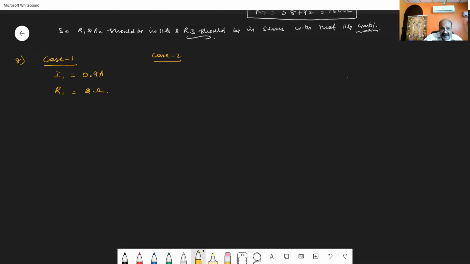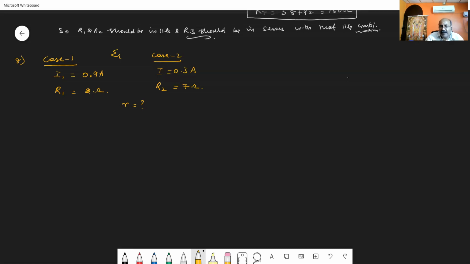In that same cell of EMF E, a current of 0.3 ampere is allowed to pass through a resistance of about 7 ohm. Calculate the internal resistance of the cell. So in both of the cases, the EMF is the same and the internal resistance is also the same.